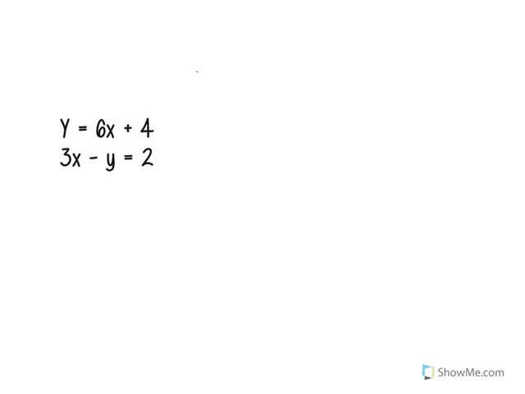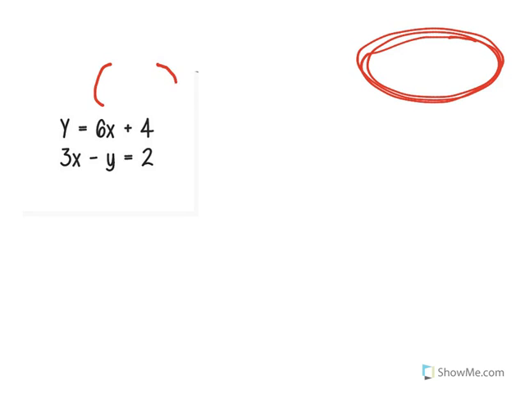Another method to use when solving this system is substitution. When you use the substitution method, you want to make sure that you have one variable that's already isolated.